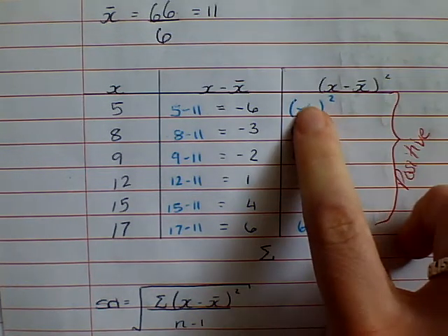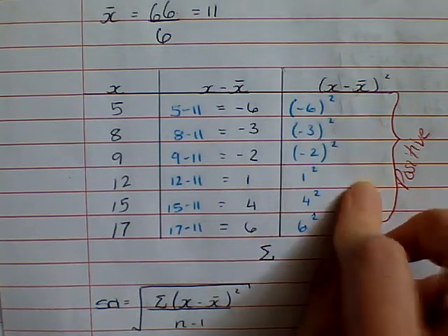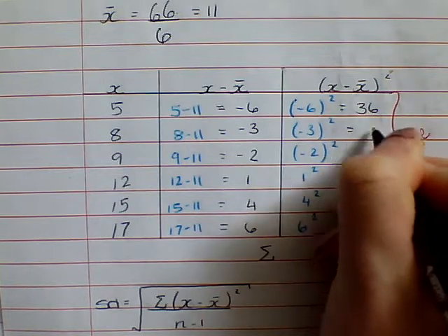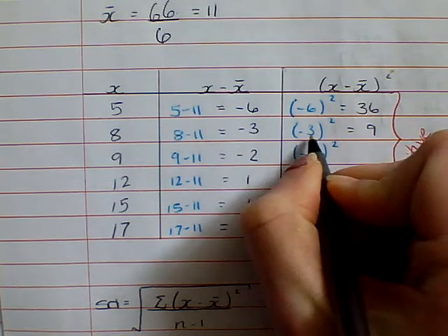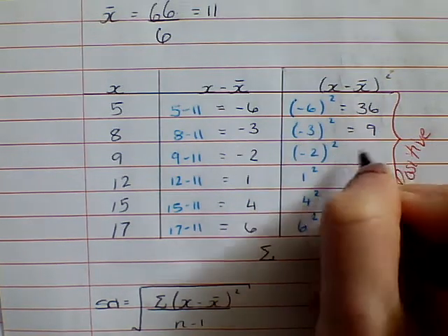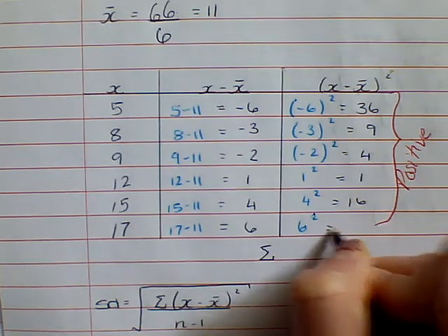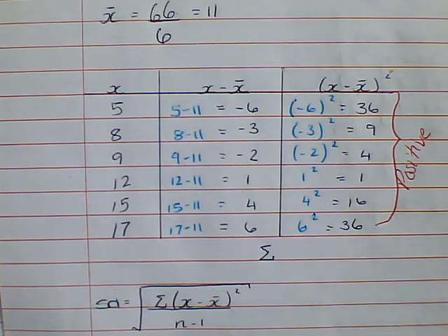Okay, obviously this is negative, I'm talking about the final part. They should all be positive. So 36, 9, because negative 3 times negative 3 is positive. Okay, so the black writing is what you have to put. The blue is just the wee step involved.